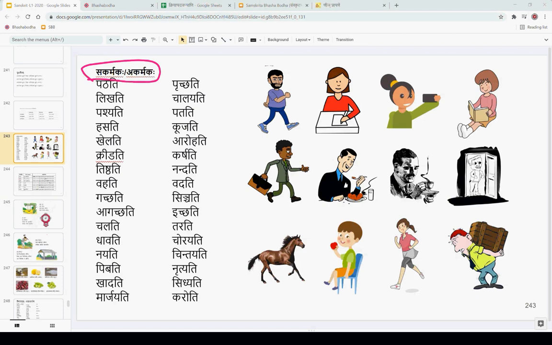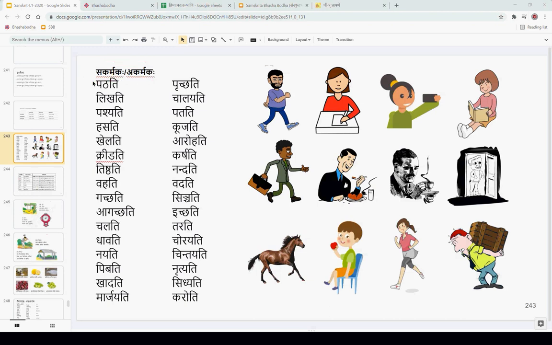The sakarmaka means with sa indicates needing or with. Sa means with. Saha means with. Sakarmakaha means with the karma padam. Akarmakaha means no karma padam. So they can be grouped into these two types also, sakarmaka and akarmaka.